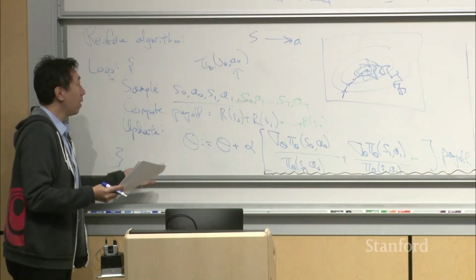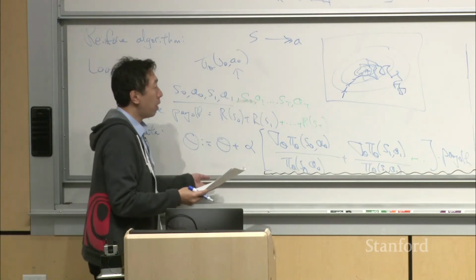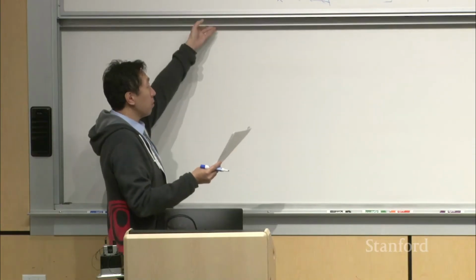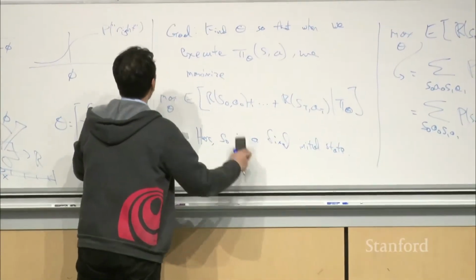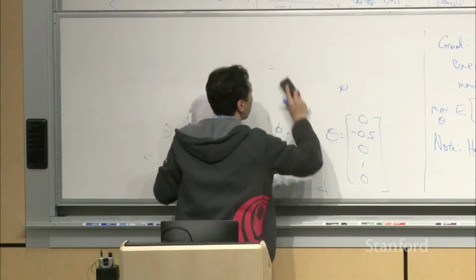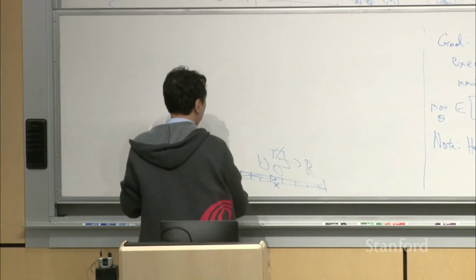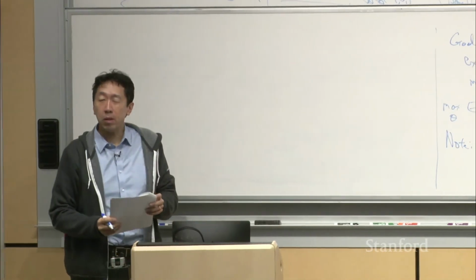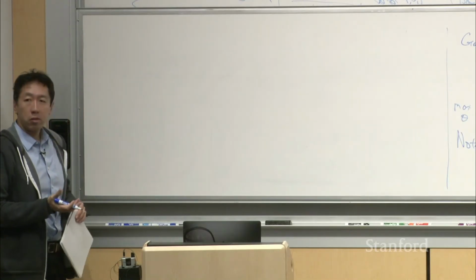All right. Oh, and so for other types of policies, let's see. So direct policy search also works if you have continuous value actions and you don't want to discretize the action.